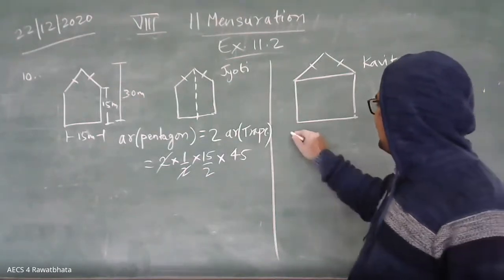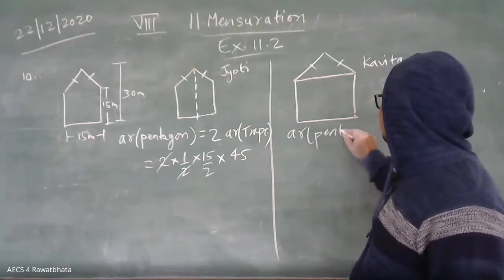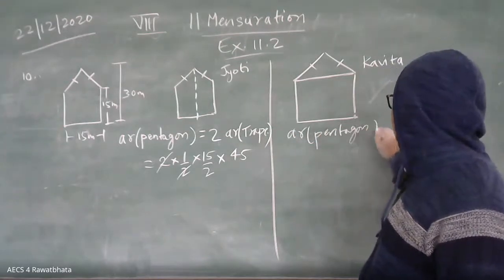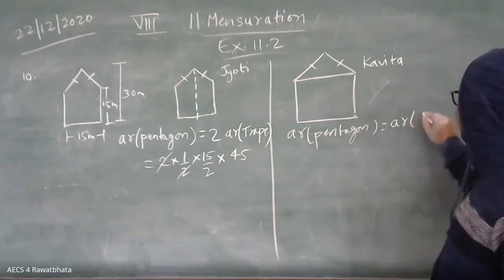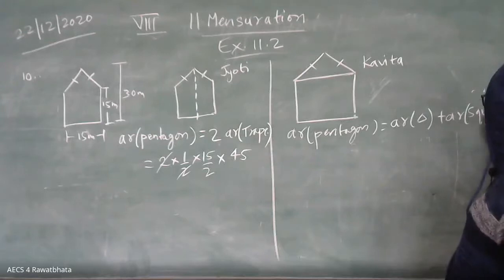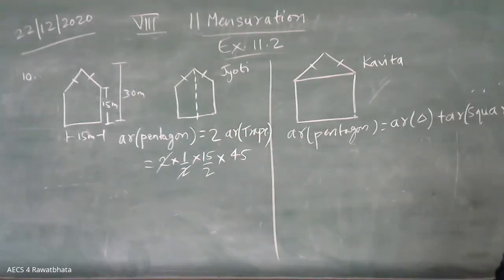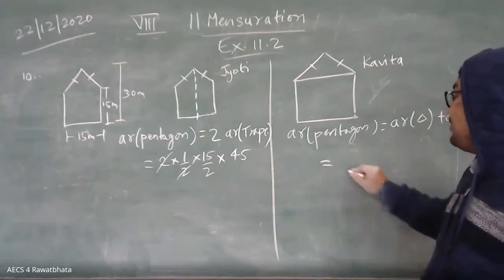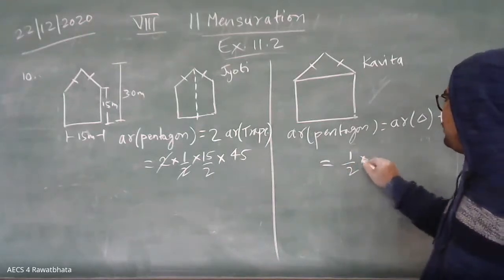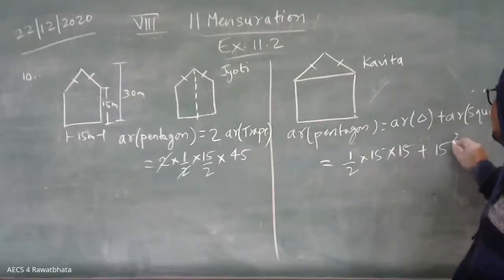And here, area of pentagon is equal to area of triangle plus area of square. Area of triangle is half into base 15 and height 15, plus 15 square.